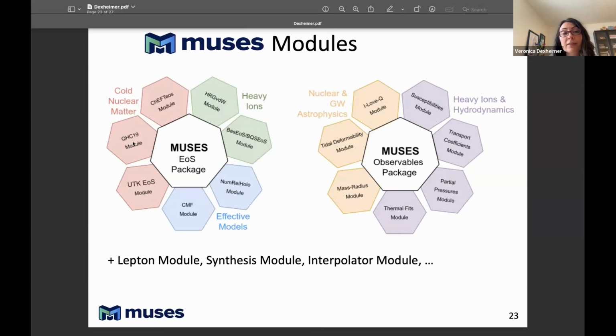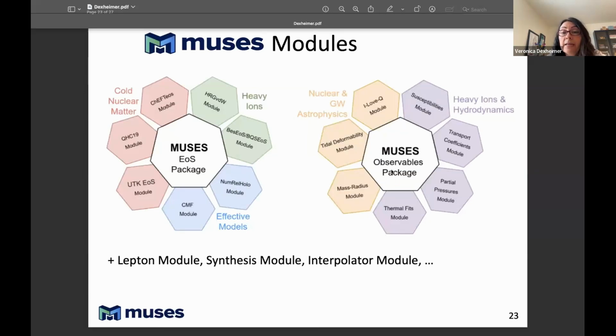We have the UTK model, which is the only component of MUSES that contains actual nuclei. So this is used, for example, for the crust of neutron stars. Then for heavy ion collisions on the high temperature part, we have our hadron resonance gas module, and also the lattice and extension of lattice to finite chemical potential. And then the effective models will have the CMF that I already discussed with you and a holographic kind of model.